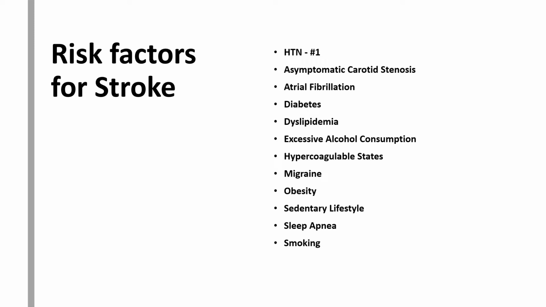Risk factors for a stroke. Once you have a risk factor, being able to control those risk factors is a key element to decrease your risk of stroke. Primary prevention is the best approach. So what are the risk factors?